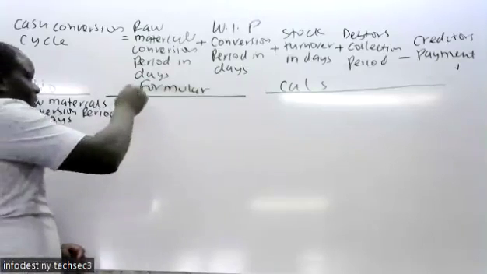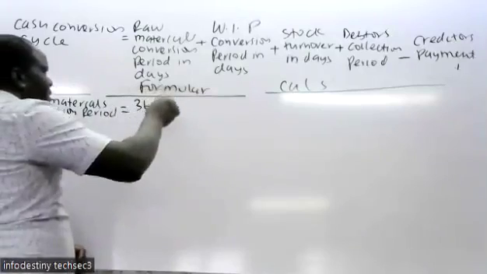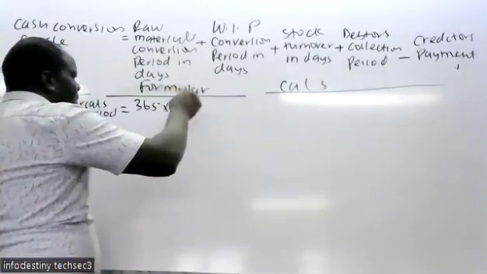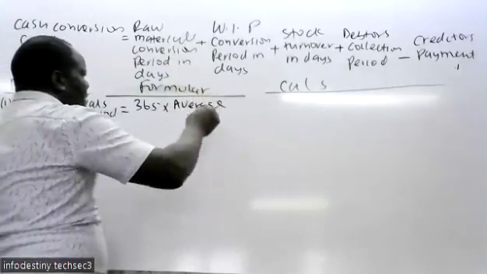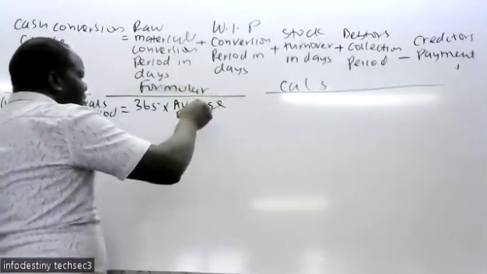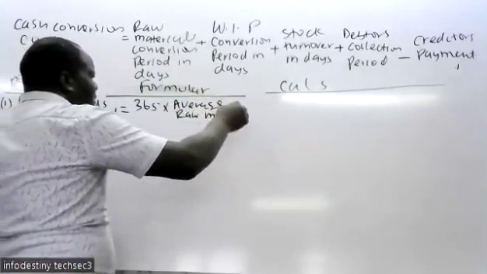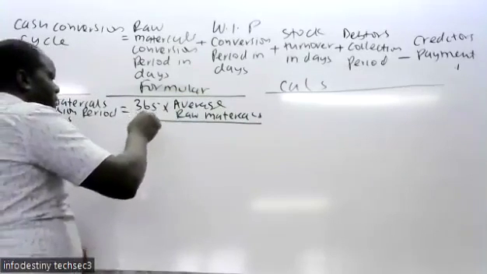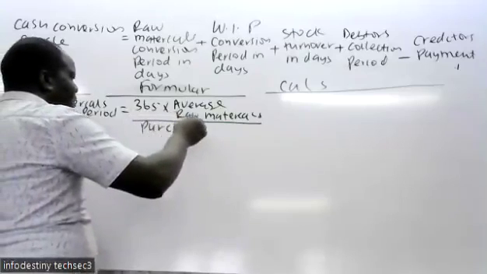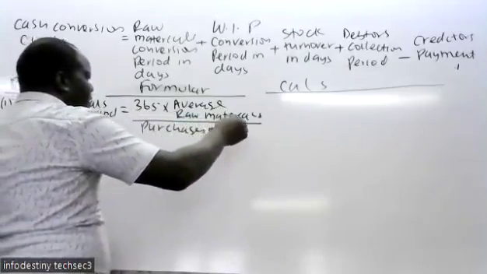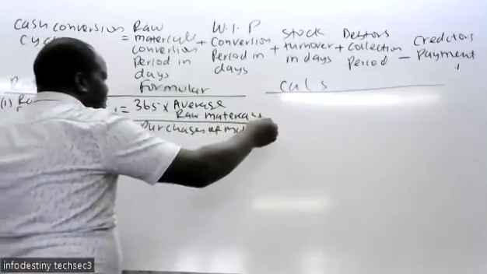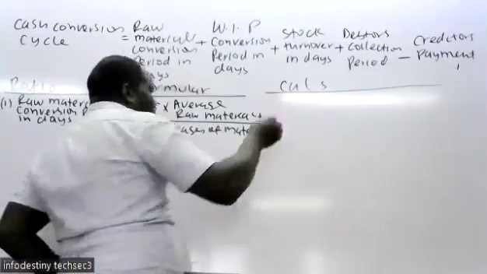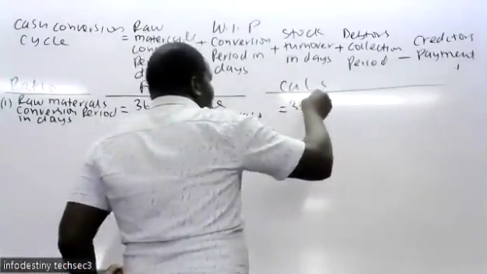So you take the 365 days multiplied by the average stock, or simply the average raw materials. Average raw materials, we divide by purchases of materials. So it will be 365 days.